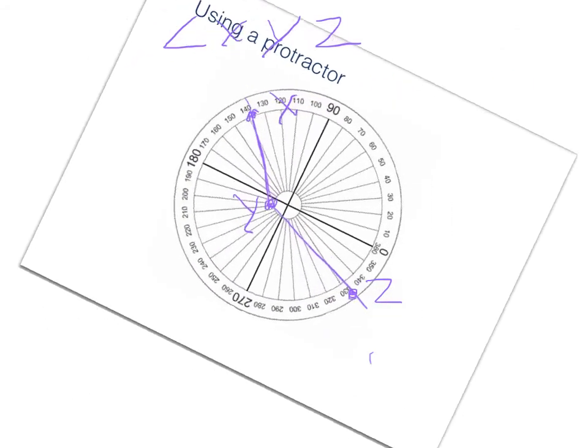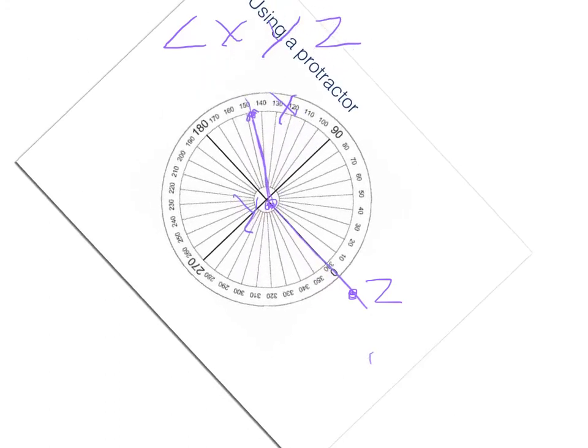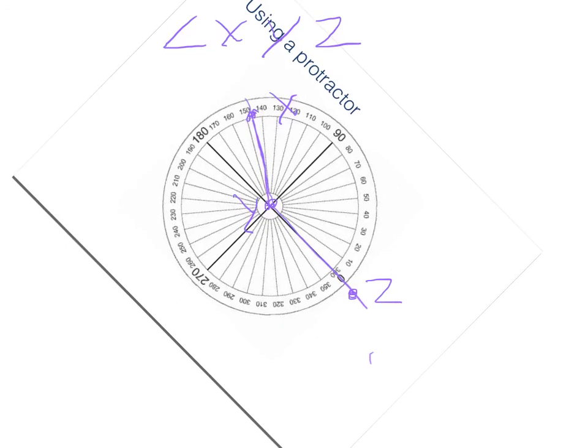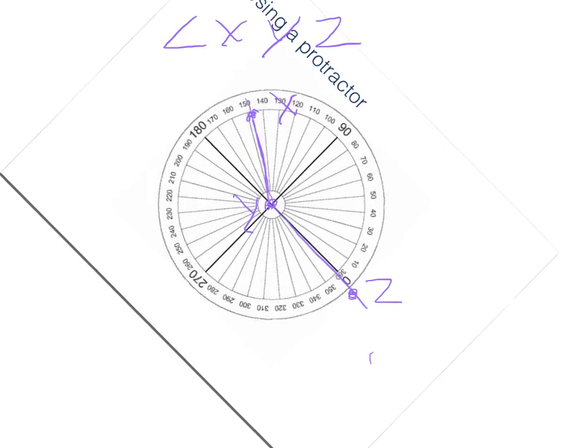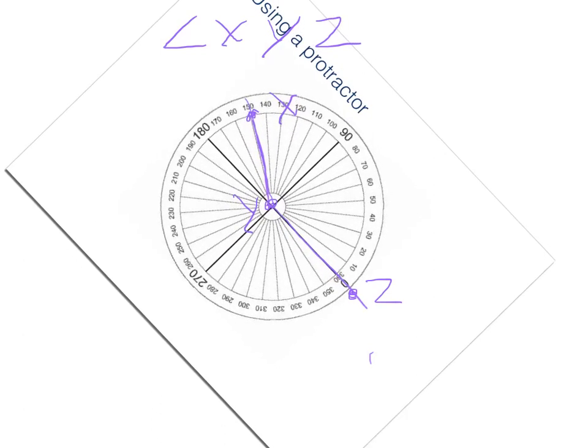Now I have to make sure that I am right on 0, and get it as close to 0 as I can. All right, so X, Y, and Z. I start from 0 this way, I go all the way around, and I get to about 150 degrees. So X, Y, Z equals 150 degrees.